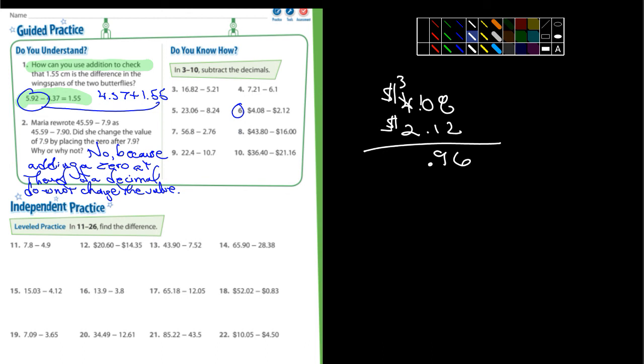Bring the decimal straight down. Remember, you always want to line up the decimals. Talked about this on Friday. And then finally, 2 from 3 is 1, and don't forget the dollar sign. And so it looks like it's $1.96 if I did my math correctly. So I'm going to put a little dollar sign right here, and I'm going to put 1.96. Questions about that? Anybody?